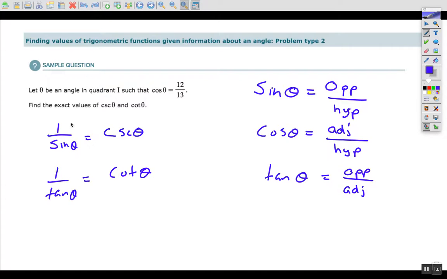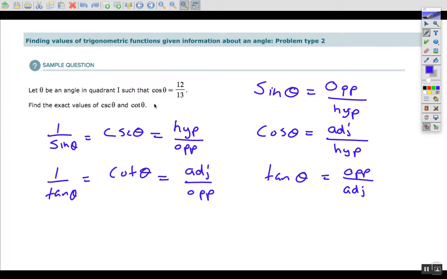Well, if we look at how sine is defined as opposite over hypotenuse, 1 divided by opposite divided by hypotenuse would be equivalent to the ratio of the hypotenuse over our opposite side. And same with tangent. 1 divided by opposite divided by adjacent is going to give us adjacent over opposite.